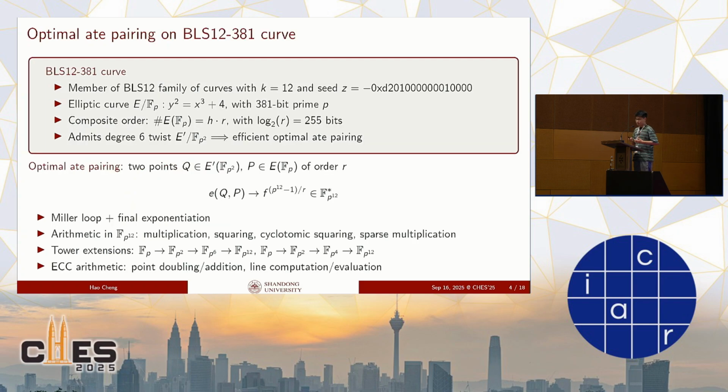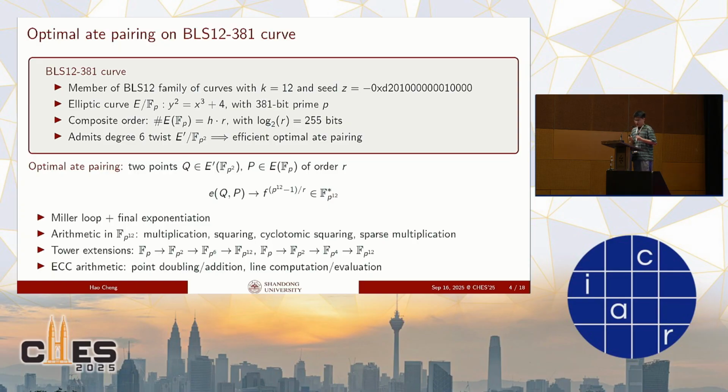Some basic information about this curve. It's a member of the BLS12 family of curves with embedding degree 12. The elliptic curve is defined in this form with a 381-bit prime p. It has a composite order and admits a degree 6 twist, which enables an efficient optimal ate pairing.